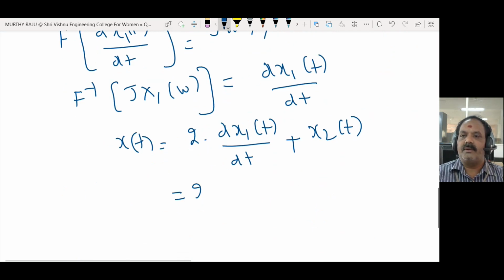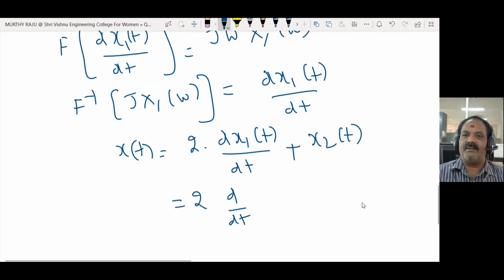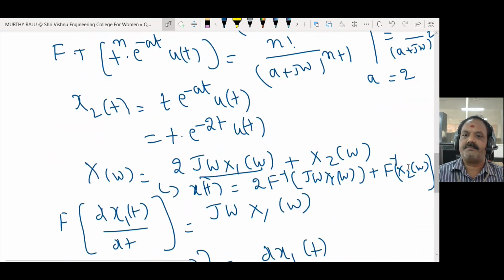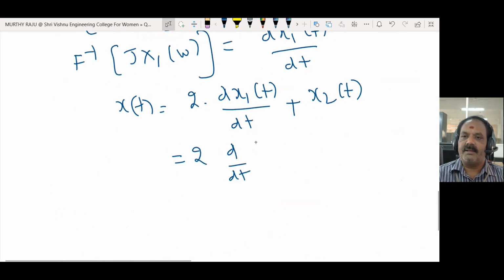2 into d by dt of X1 of t. We know that X1 of t is equal to t into e power minus 2t. The u of t is not indicated here.